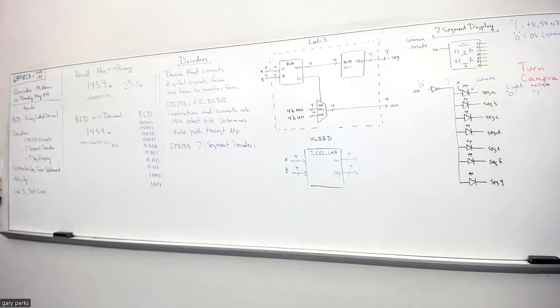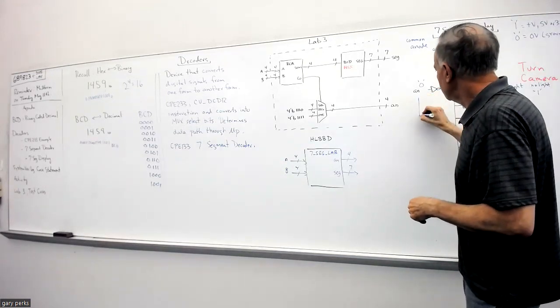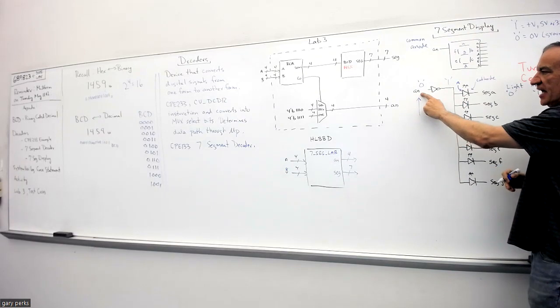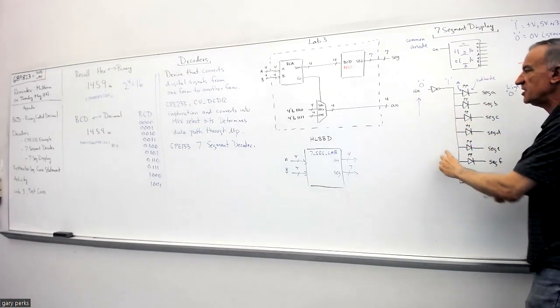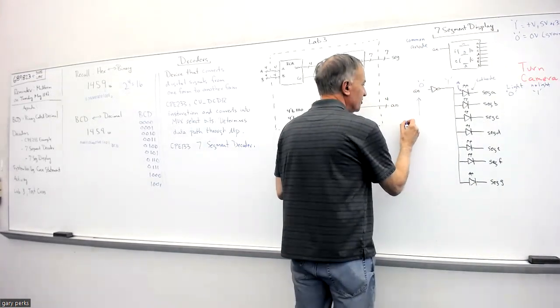So anyway, a little bit of circuit. The key thing here, as far as we're concerned in this class, is that this bit here, the AM bit, determines what this common anode voltage is going to be. This controls whether the display will light up.